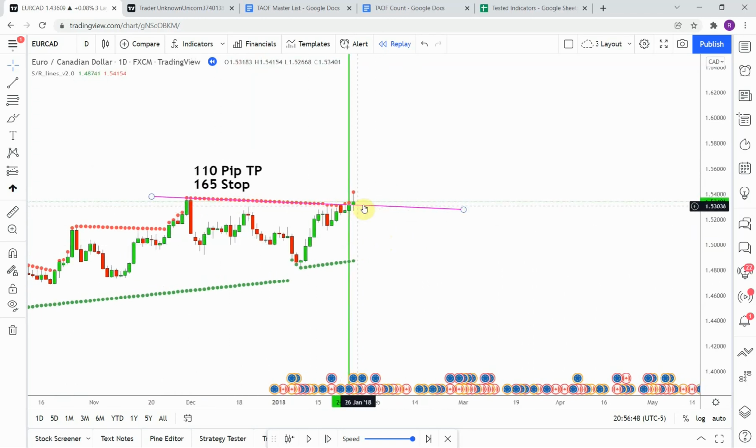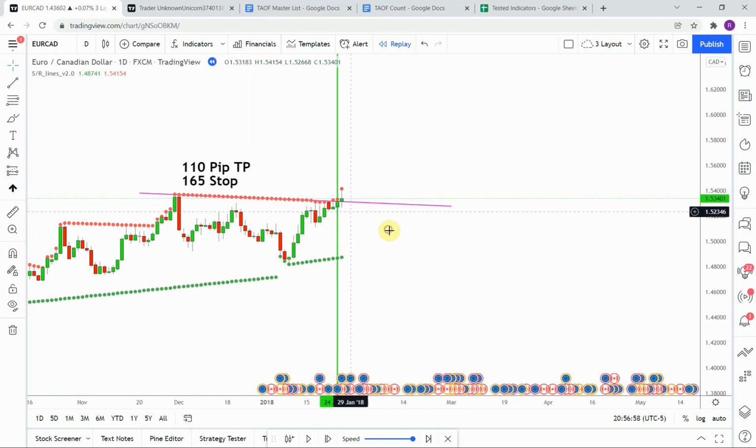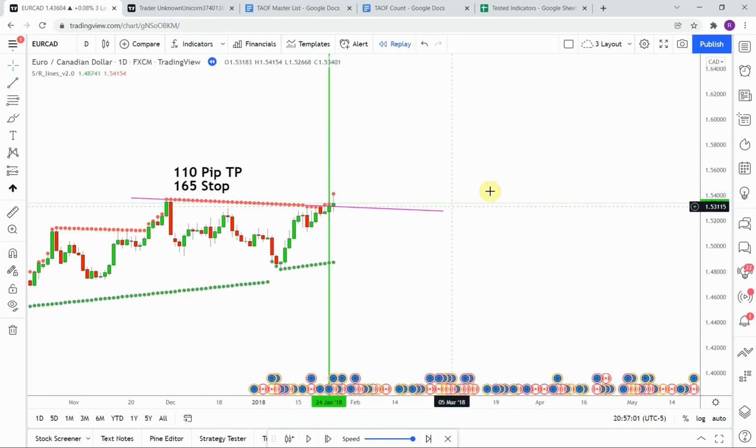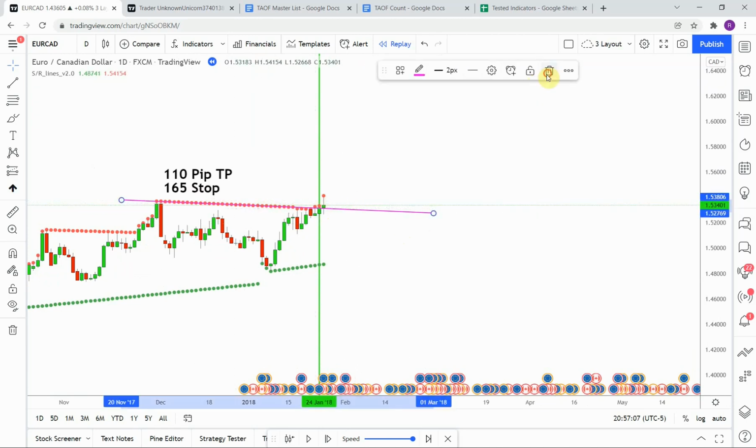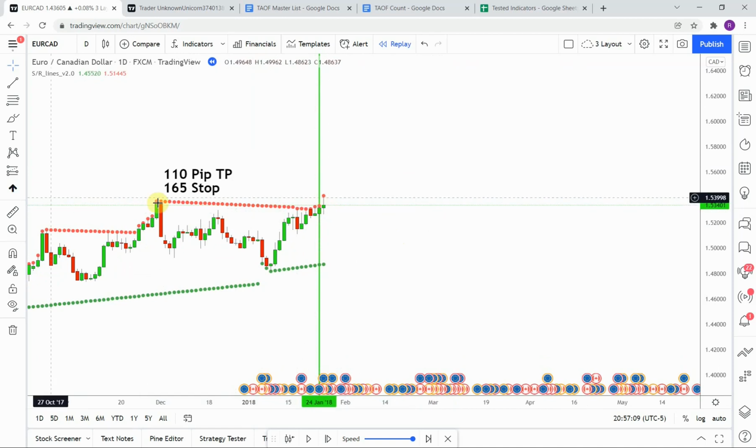And then what we get is a break and close above that existing line. Keep in mind that we will continue to see these dots build as we go, and they'll start to create other dots. But that is what we're looking for, that break of that line. And that is a long signal right there.